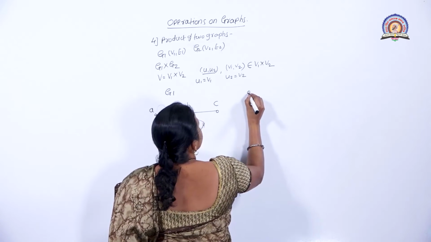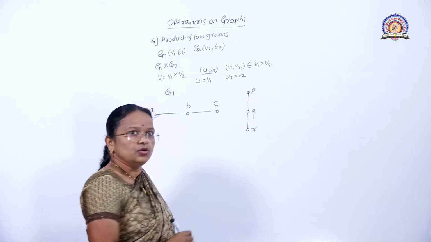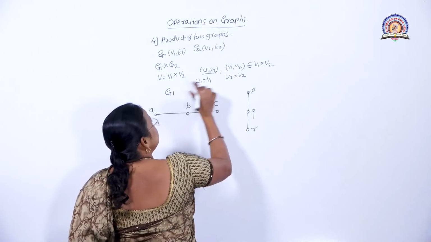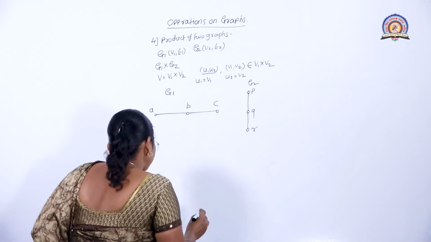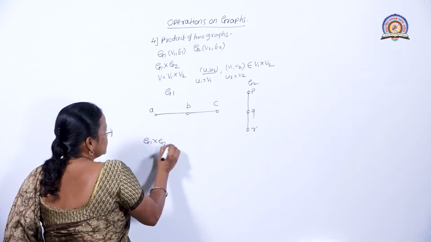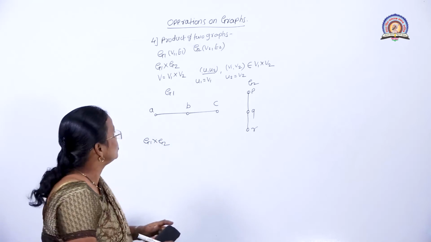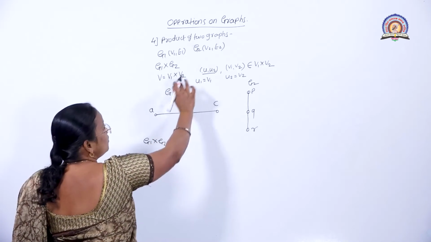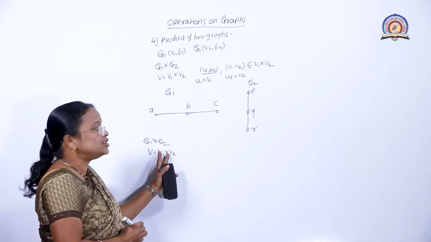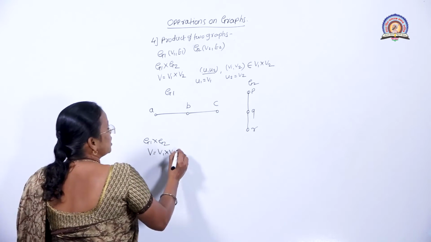Suppose our graph G2 is like this, P, Q, R. Now here G1, this is our G2. Okay, so now we want here product graph G1 cross G2. So for this we first write the vertex set, and we know that for product of two graphs, vertex set V is nothing but the Cartesian product of two vertex sets. Okay, V1 cross V2.